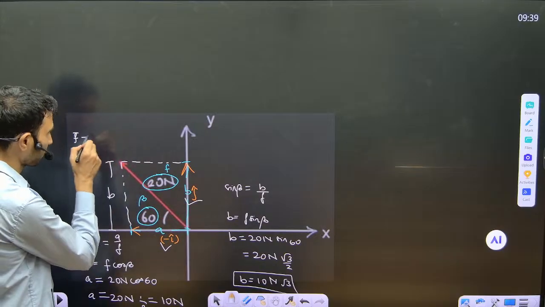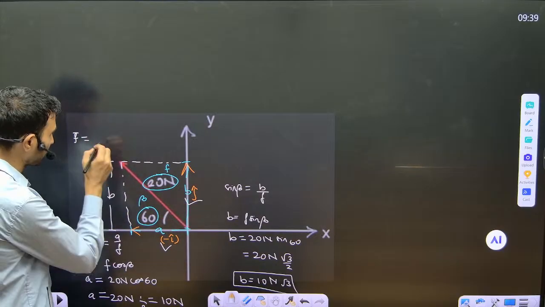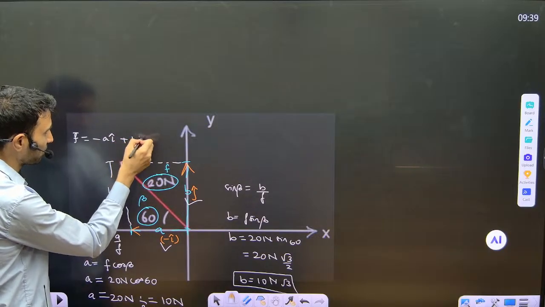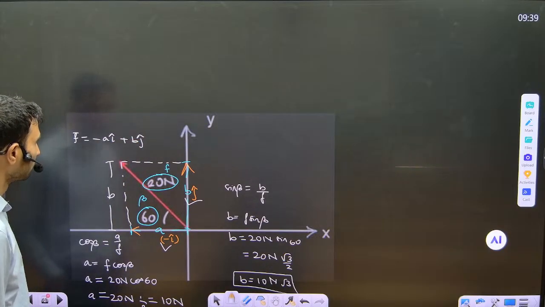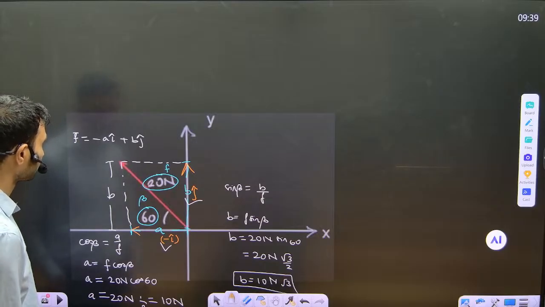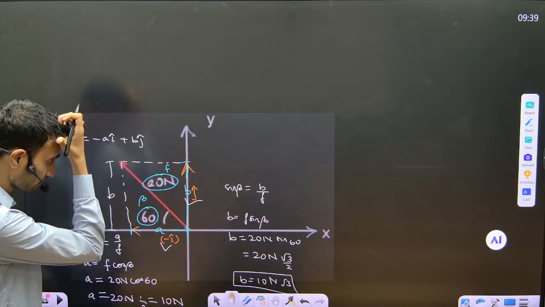So it can be written as this vector is minus AI and this vector is bj, right?